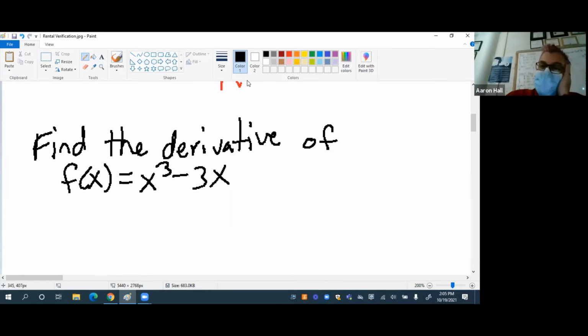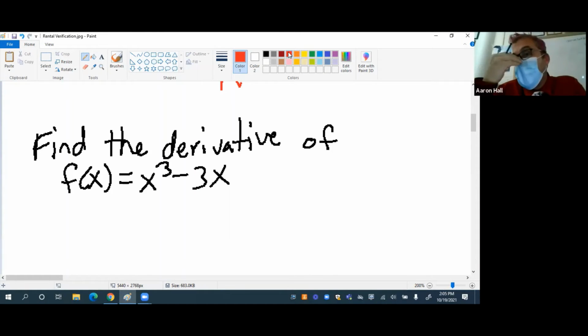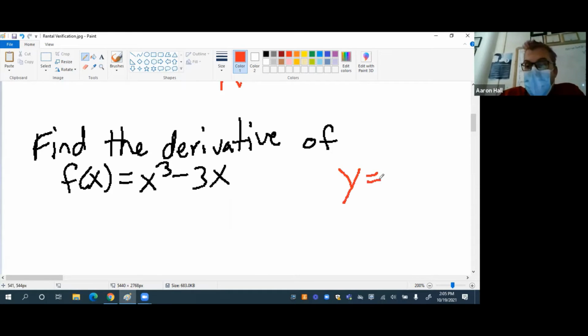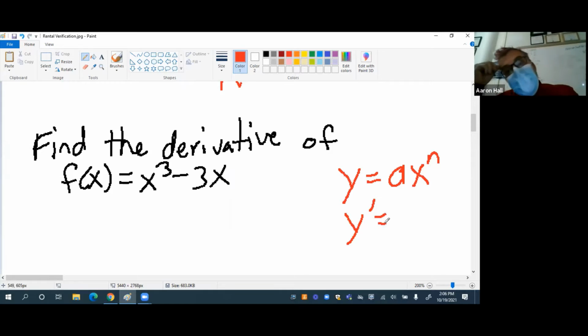Now, before we do this the long way, I want to make sure that we do remember the shortcut way as well, because ultimately the majority of the calculus that we do in this class will be done using the shortcut. If I have some function of y equals a times x to the power of n, how do I find the derivative function of that? Using the power rule.